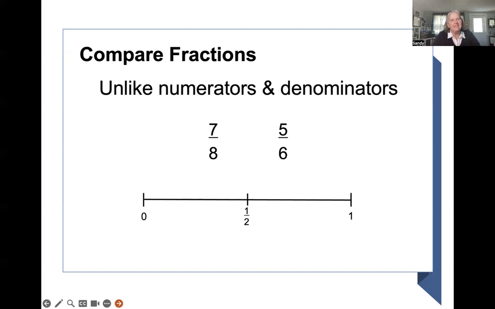Now at 7/8, again, pause the video and come up with your reasoning as to which is larger. But at 7/8, we're 1/8 away from 1. At 5/6, we're 1/6 away from 1. That's a bigger space away because we know those 1/6 pieces are bigger, those cuts. So 7/8 must be greater.